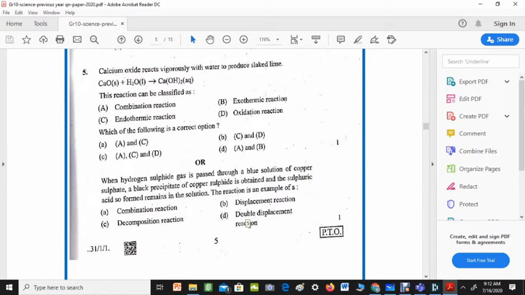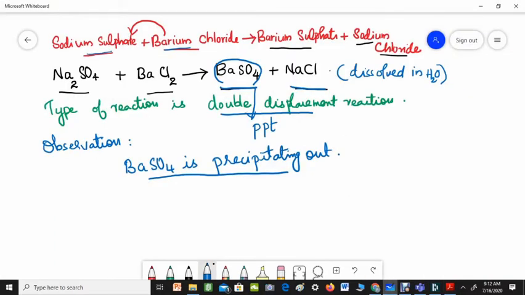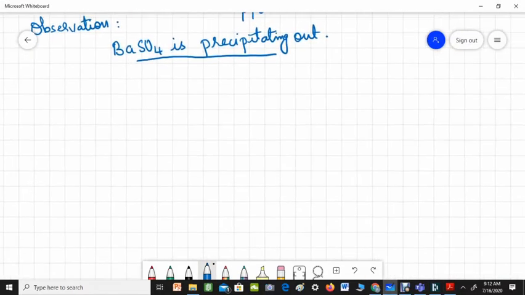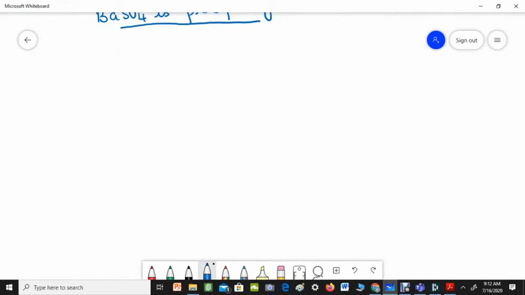So your reactants are hydrogen sulfide gas, H2S, and copper sulfate. So these are the two reactants.